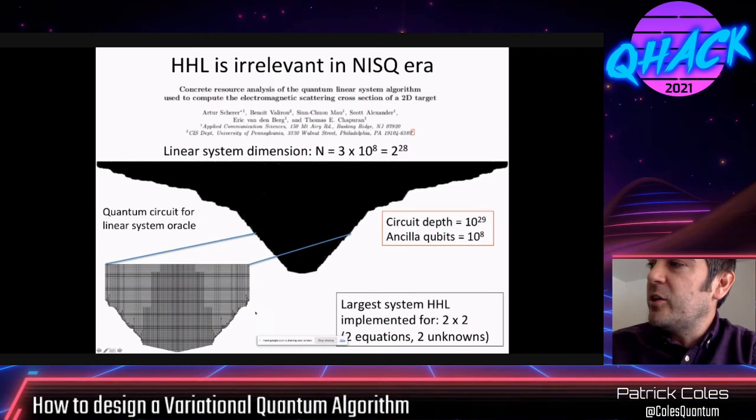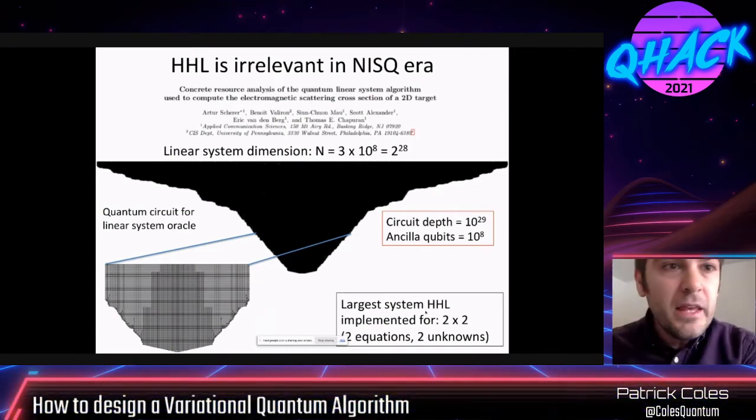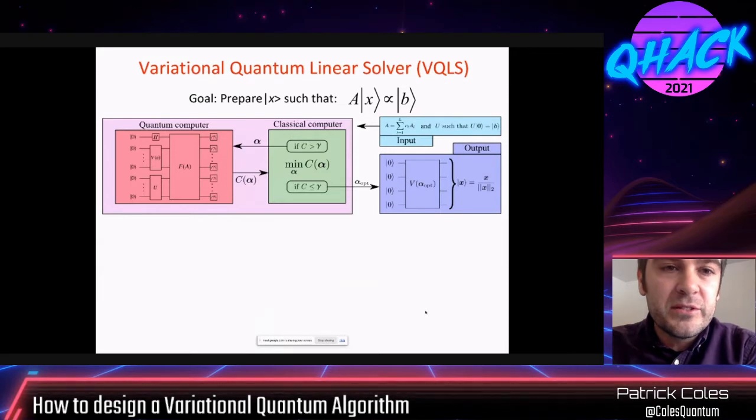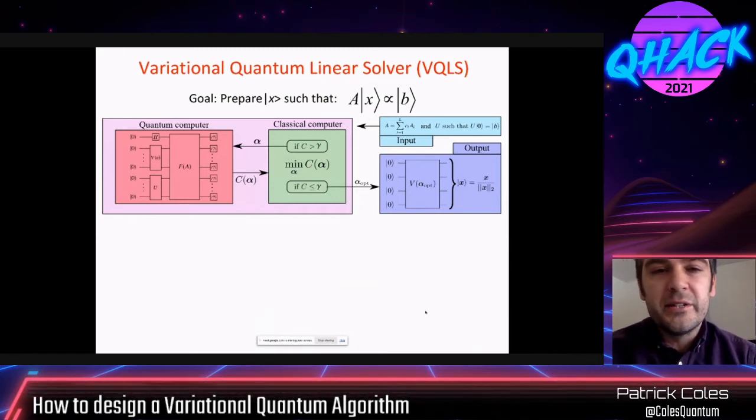I will point out that the largest implementation of this algorithm on a NISQ device was basically just a 2x2 system. So still quite small. This motivated our efforts to propose a variational quantum algorithm that we called the variational quantum linear solver for solving the quantum linear systems problem.